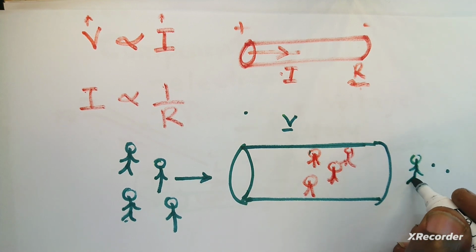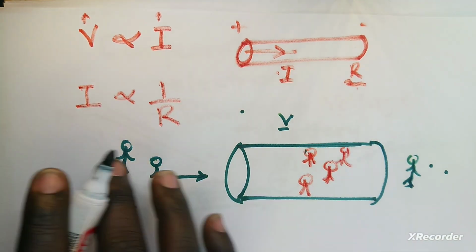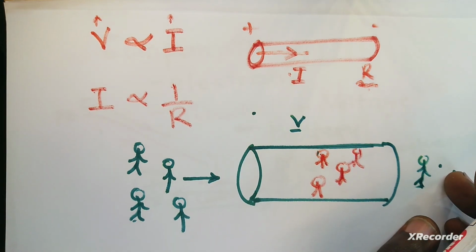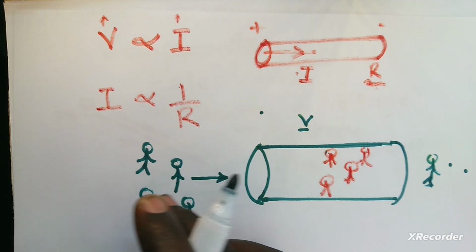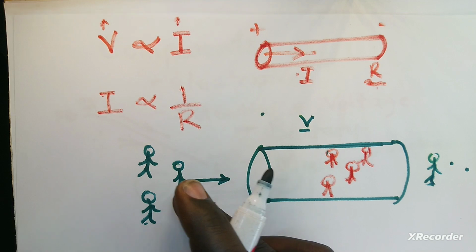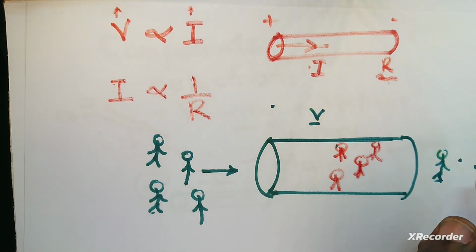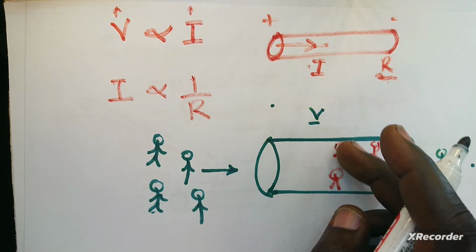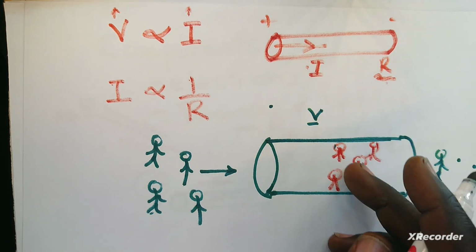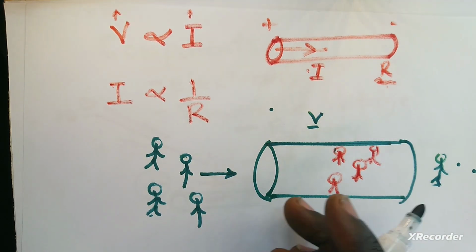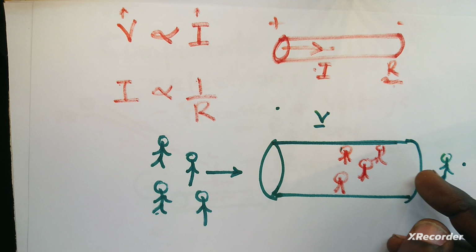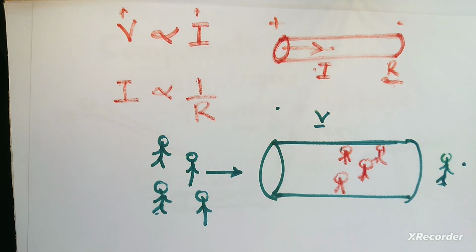So assuming there's no security personnel, all of these people would end up on the other side. If I put one security personnel, one or two people may be able to run past him and end up this side. If we fill this entrance with security personnel filling up every space, you'll almost reach a point where almost none makes it through the other side.